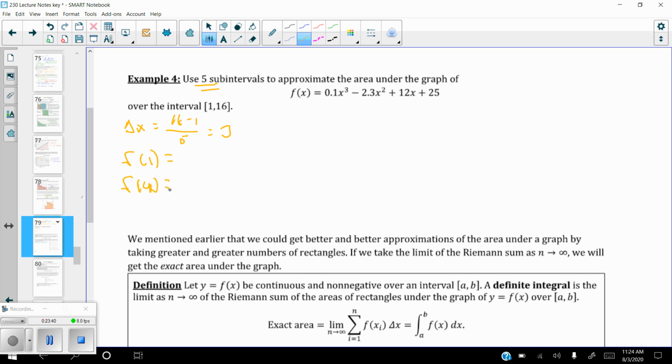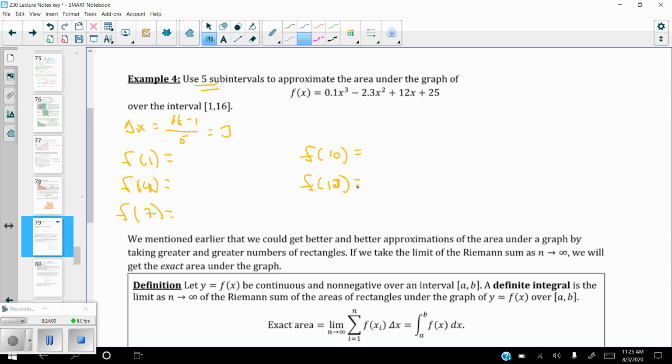That's the next height of my rectangle. Then we have to do f of, adding another 3, 7. Then we'll have to do f of 10. And then we'll have to do f of 13. Notice I will not be using 16 because that already gives me my 5 rectangles. 16 would actually be a right-hand endpoint. So let's go ahead and figure these out.